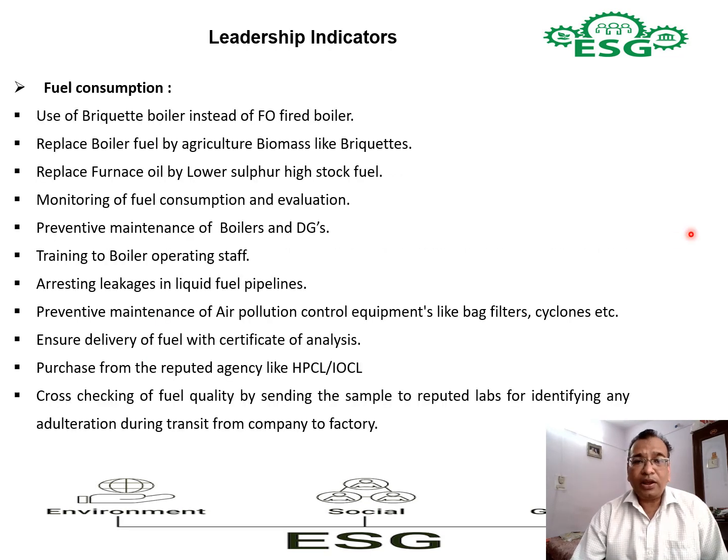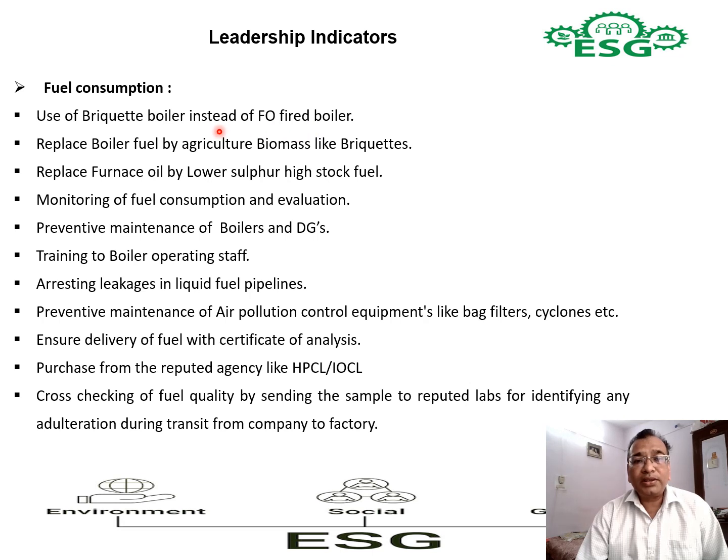Then in the next slide, we are going to see the leadership indicators regarding fuel consumption. How can you monitor and reduce the fuel consumption, or how can you control the emissions from the fuel consumption? The first is switching to a briquette boiler instead of a furnace oil fired boiler.